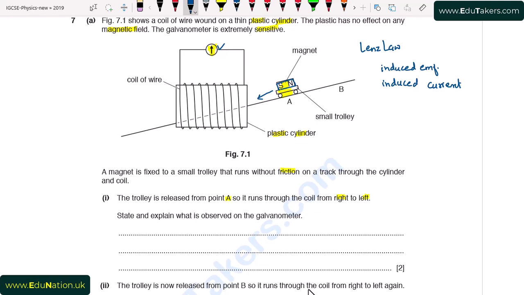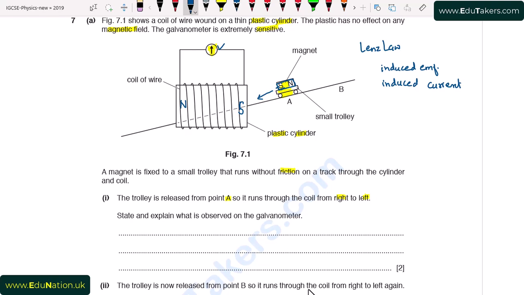So by using Lenz's law, when this magnet moves towards the coil, the face of the coil that is here becomes south pole and this becomes north pole, because the coil has to oppose the motion of the magnet. When the magnet is moving towards the coil, the face that is facing the magnet is south while the other is north, so that it can oppose the motion of the magnet moving towards it.